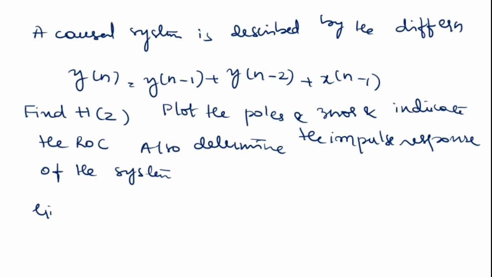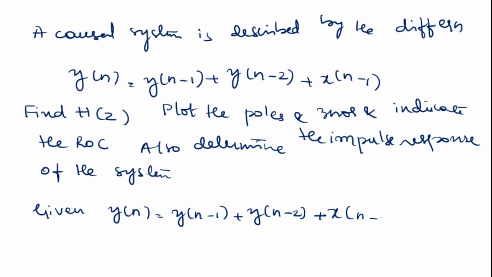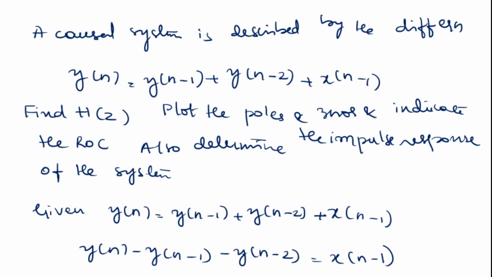That is given y of n is equal to y of n minus 1 plus y of n minus 2 plus x of n minus 1, or y of n minus y of n minus 1 minus y of n minus 2 is equal to x of n minus 1.